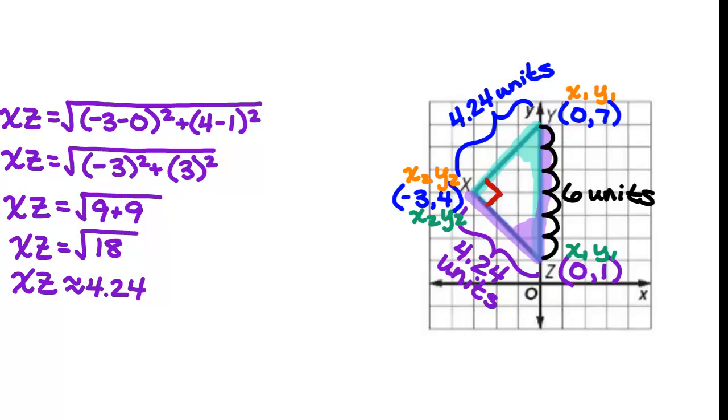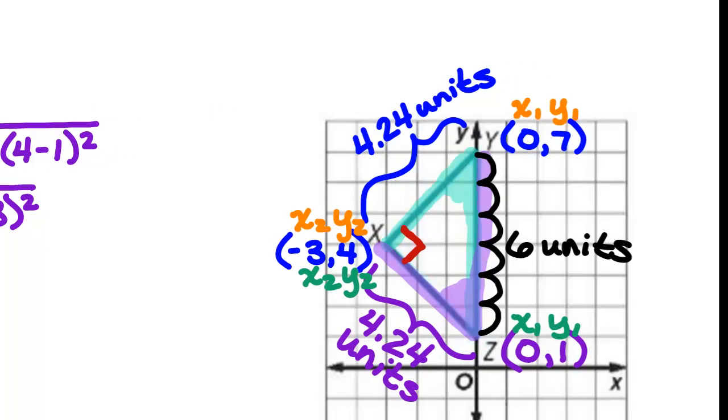So what kind of triangle is this? It's isosceles because XY and XZ are congruent, which means which two angles are congruent? Angles Y and Z are the two congruent angles.